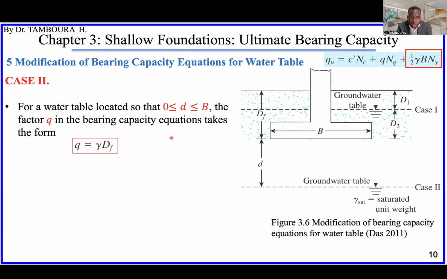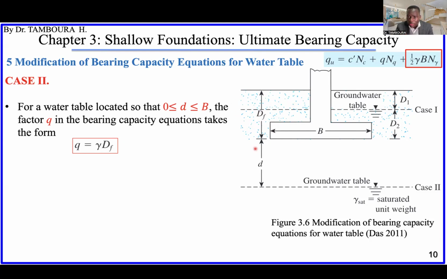First, this Q becomes similar to the original one. Because in that case, if the water table is here, you can see that the soil above the footing level is not affected by water, right? It is dry soil, so we don't have any water problem.